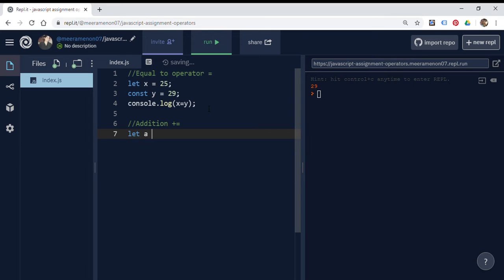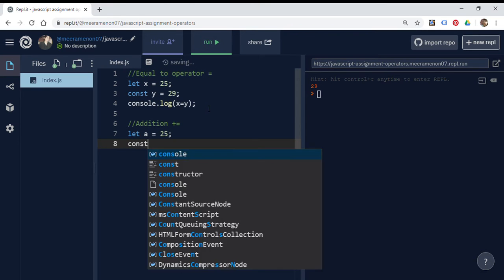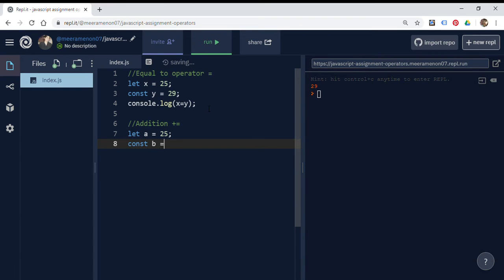Let a be assigned the value of 25, and b is a constant with a value of 39. Call for the console.log, which is you call for the value of a plus equals b.